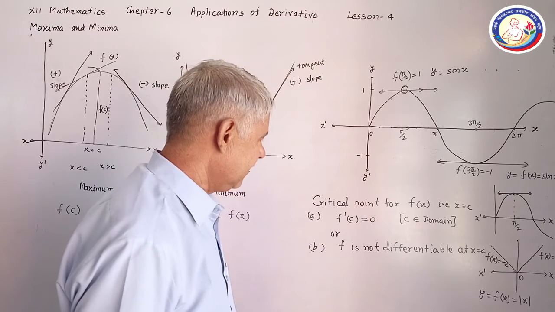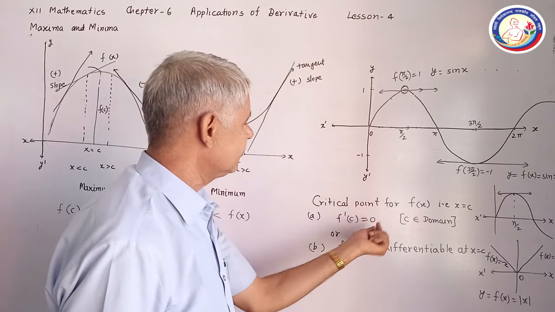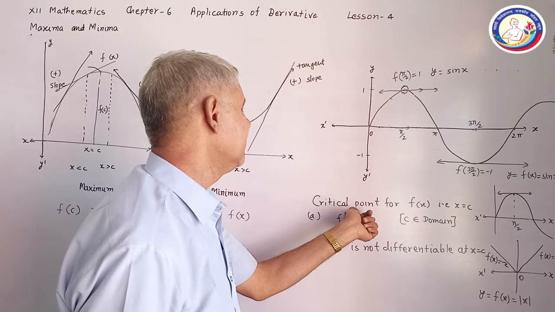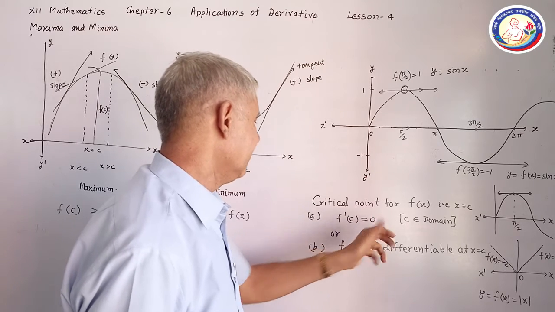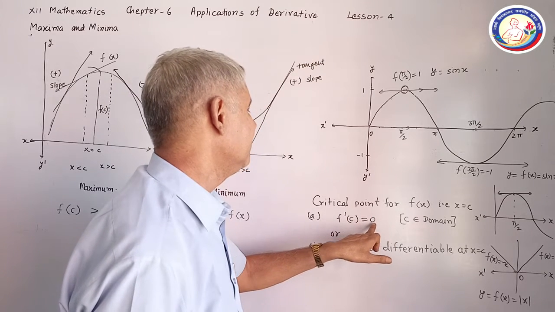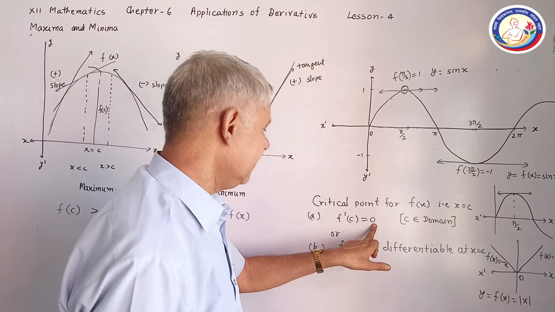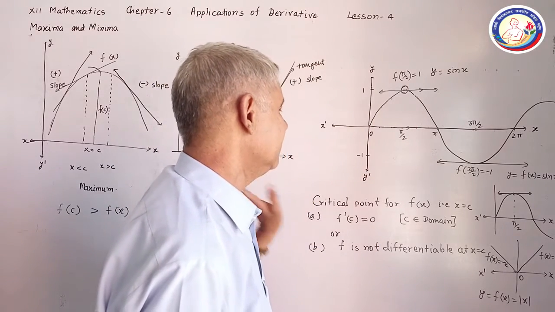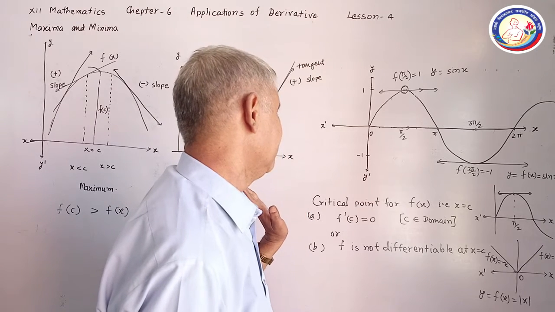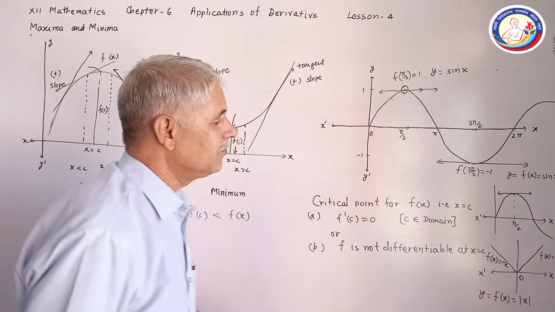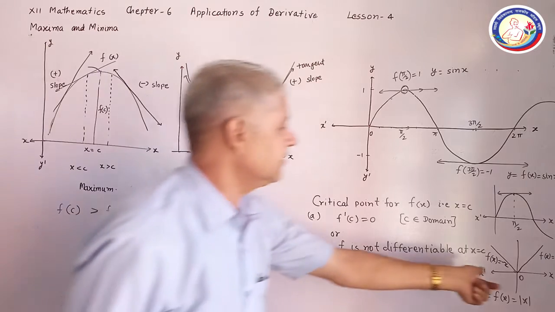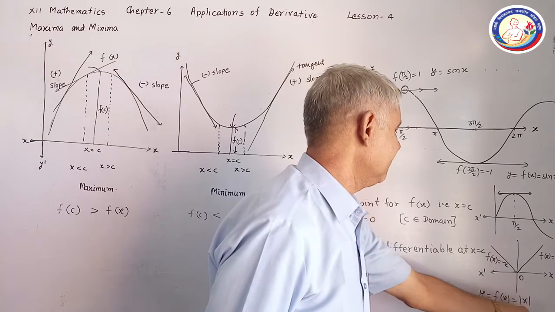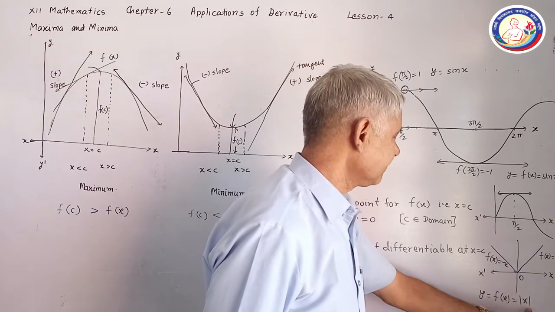In the second way, if the function is differentiable, then the critical point is where the derivative value is 0, or in other words the tangent is parallel to the x-axis. And if the function is not differentiable, see the second condition: this is the modulus function.